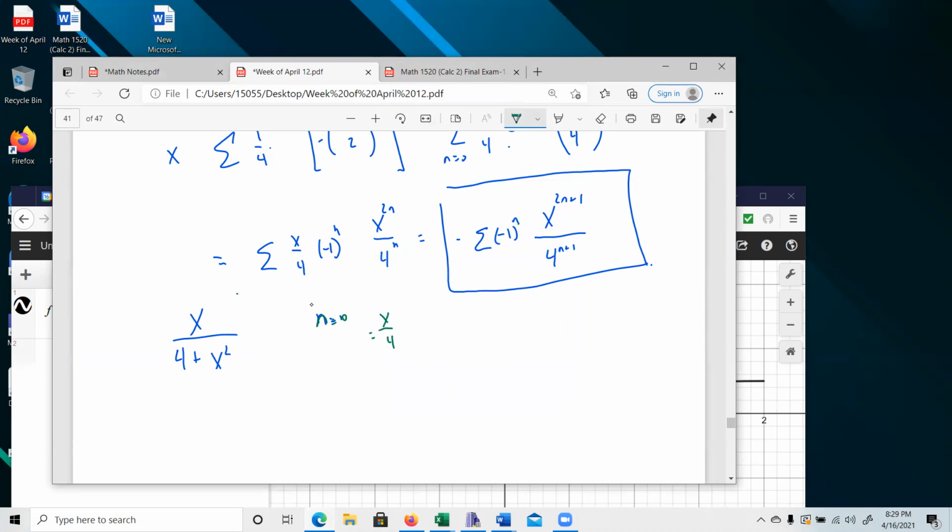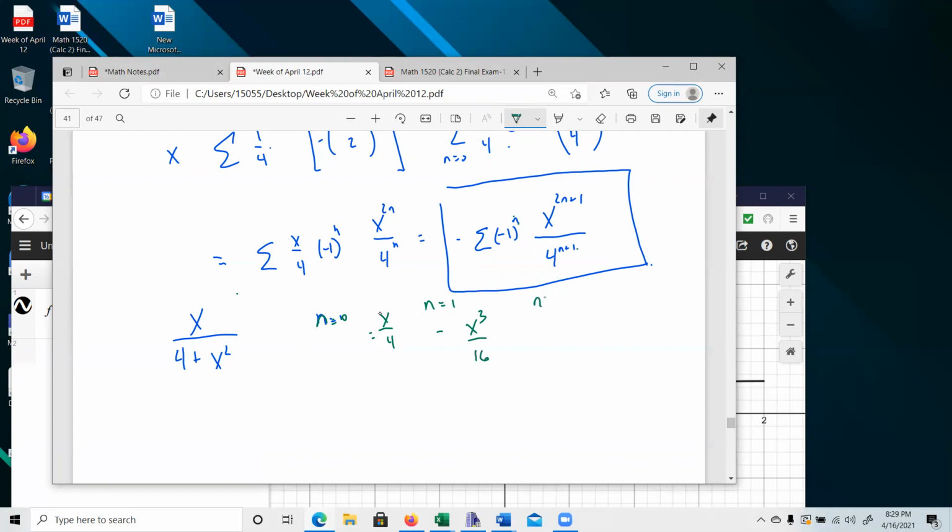When n is equal to 1, we get negative, x squared plus 1, so x to the 3 over 4 squared under here. What is 4 squared? It's 16.